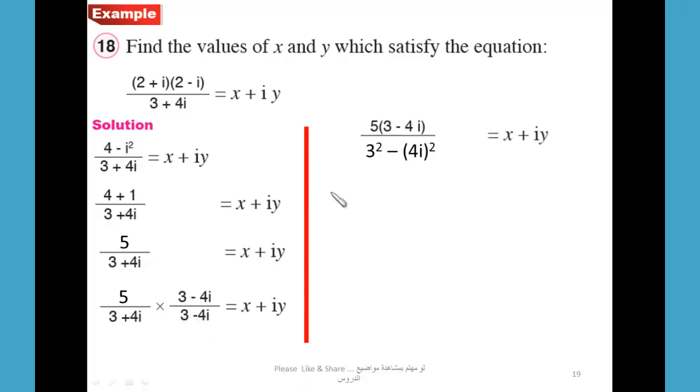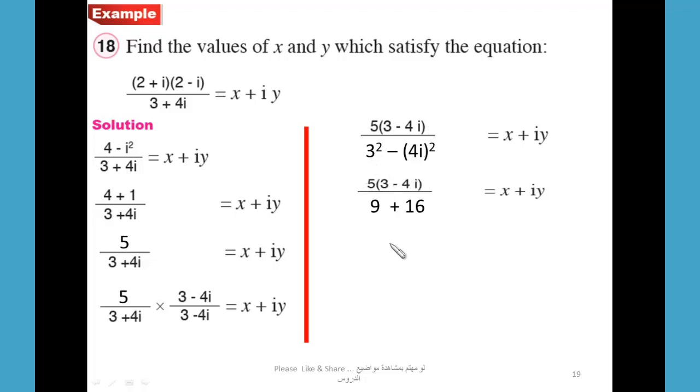So we have the numerator, 5 multiply 3 minus 4i, over the product of these two conjugate numbers. It is the square of the first minus the square of the second, so the square of 3 minus the square of 4i. What is the value of 3 squared?